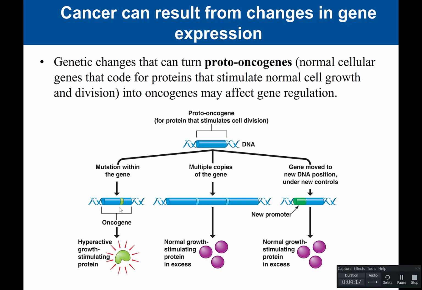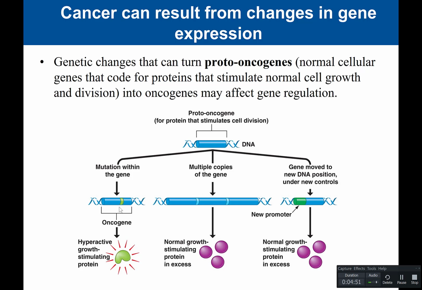And what that means is that earlier in this chapter, I talked about signal transduction and how cells receive a signal and then that gets transmitted to the cell. So protein A might activate protein B, which activates protein C, and you get this signal transduction cascade. Normally that process is regulated, meaning that the cell is usually only told to divide when it receives the appropriate chemical signal that tells the cell to divide.